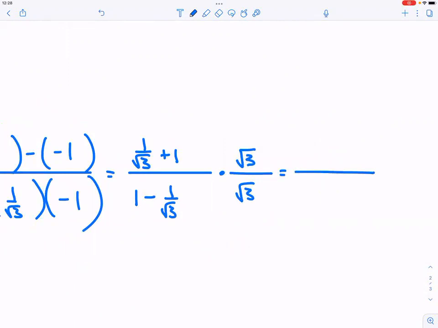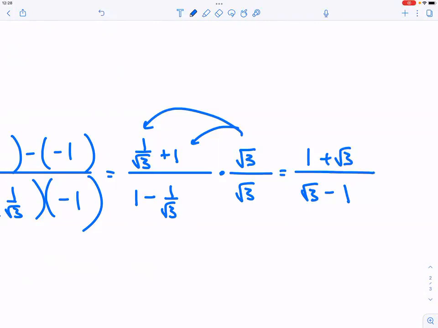So you distribute. So therefore you have 1 plus √3, and then you have √3 minus 1. Make your life easier before you rationalize it. You don't want to rationalize when you have a fraction within a fraction. That's just disgusting, terrible. Okay, troublesome.